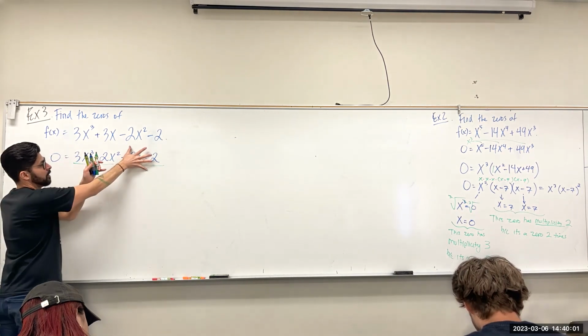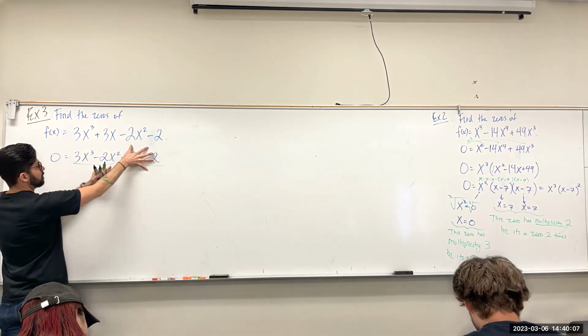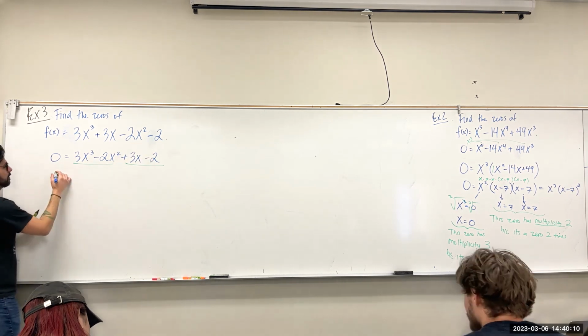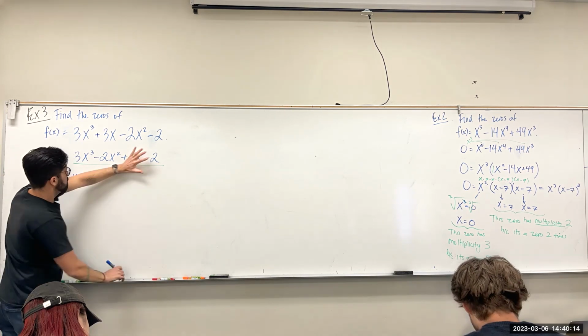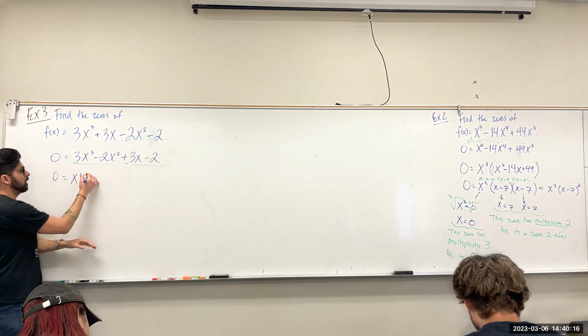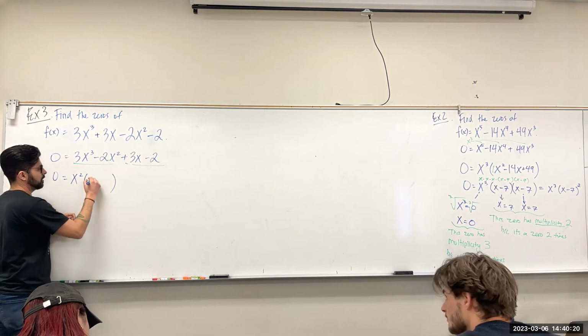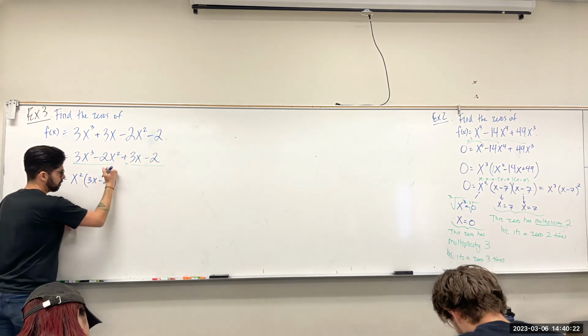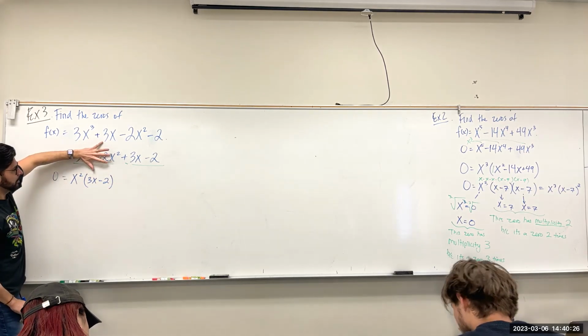And then you look at each pair individually and say, what can I factor from each pair? From the first pair, you take out an x squared, and you're left with 3x minus 2. Now you look at the other pair.